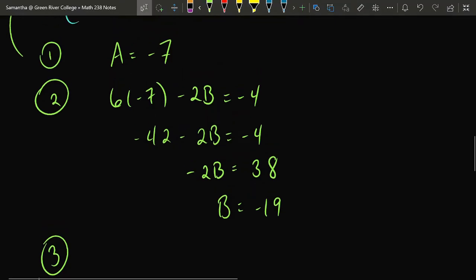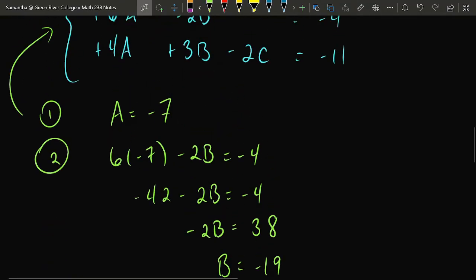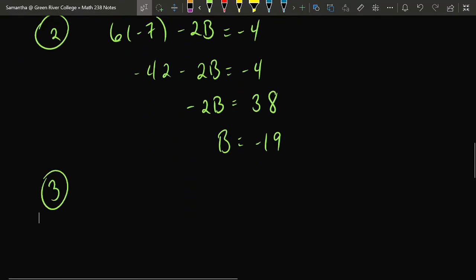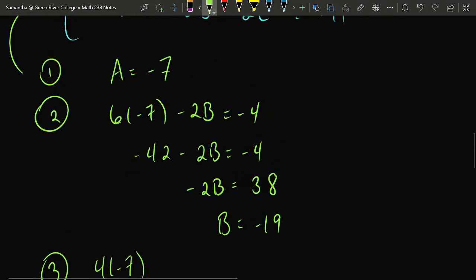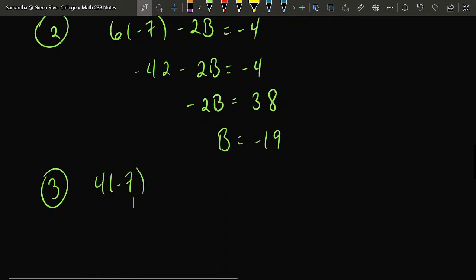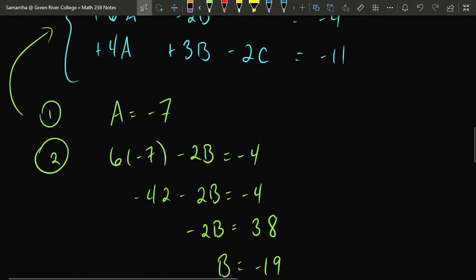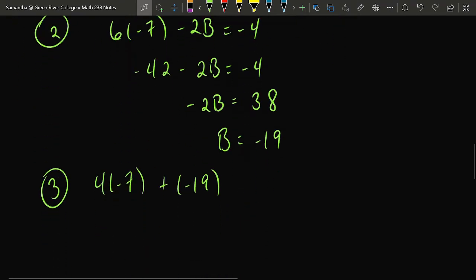So let's go ahead and shove that data into equation number 3. So now 4 times a becomes 4 times negative 7. 3 times b becomes 3 times negative 19. We have negative 2c. And that needs to be equal to the negative 11 on the far right.